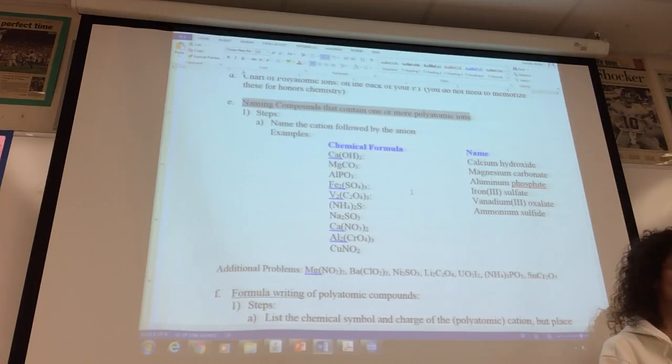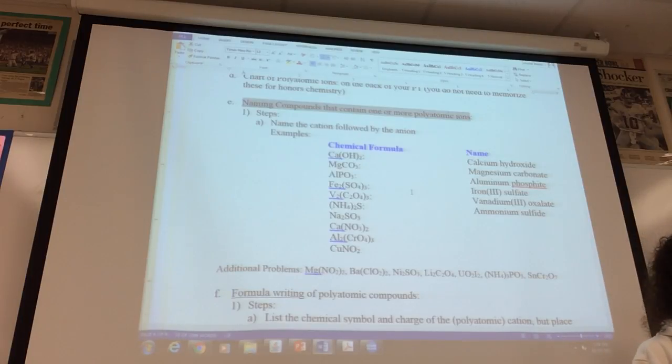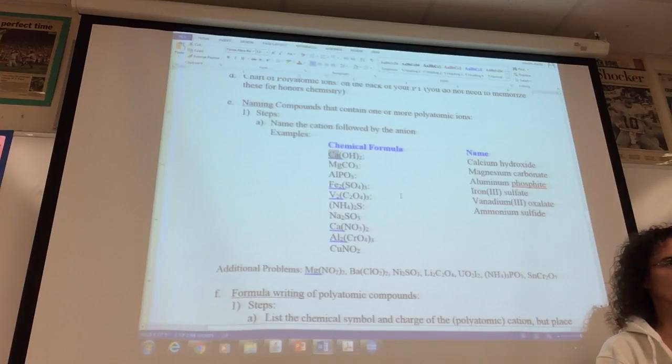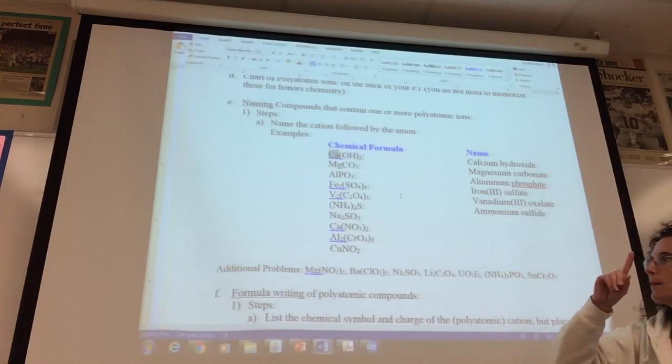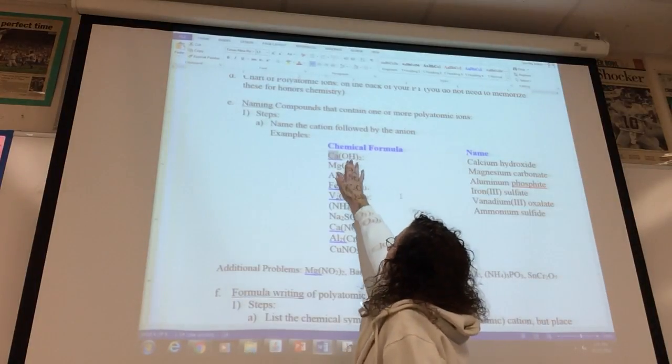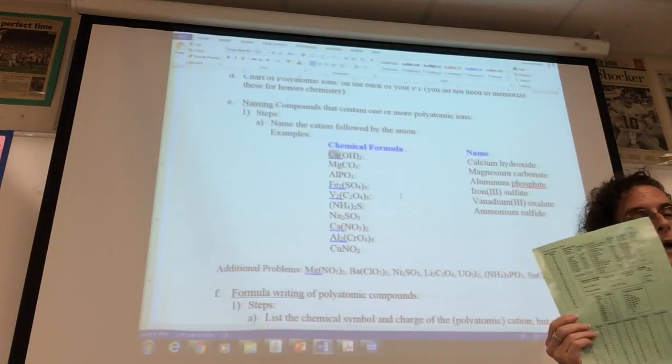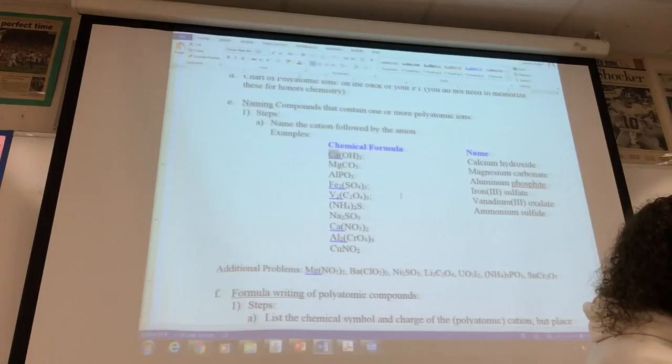The first thing we want to do is name. For the naming, very easy. Nothing to memorize. Ca, again, is the name of the element for the cation. If the anion is polyatomic, you just flip to the back of your periodic table and you find it. So you've got a monatomic cation, so it's calcium.